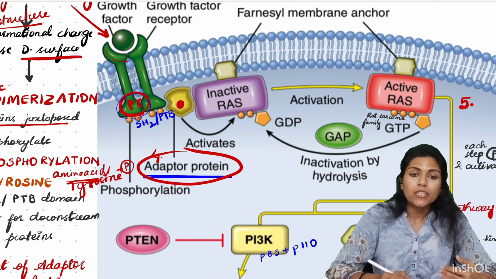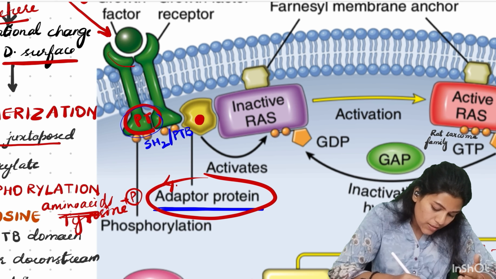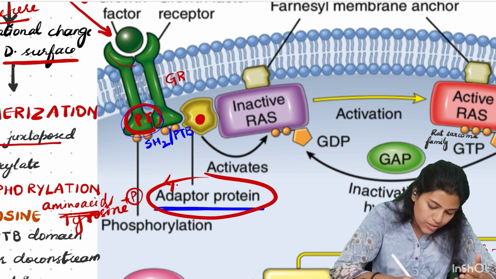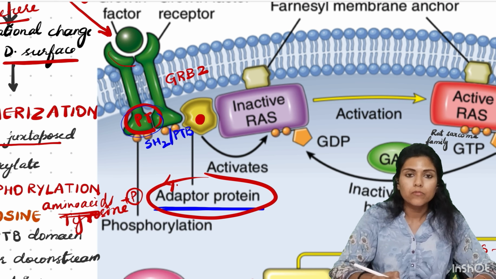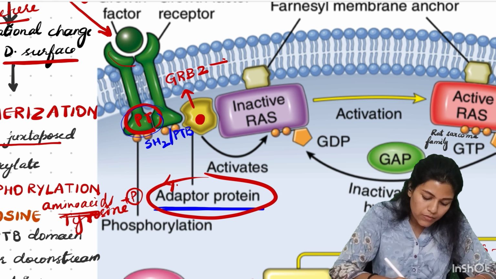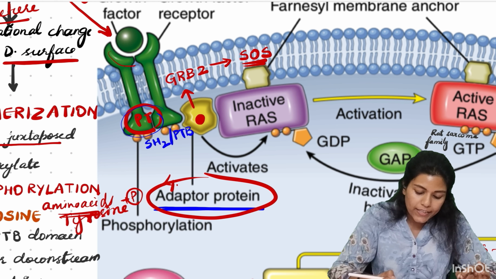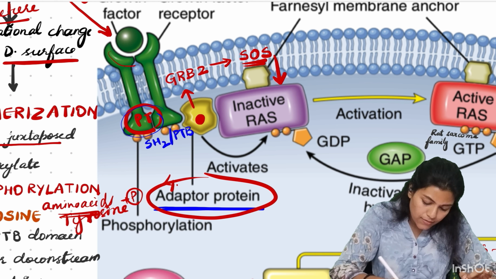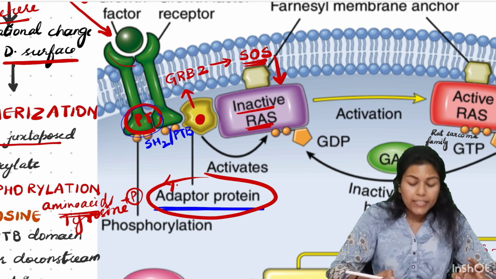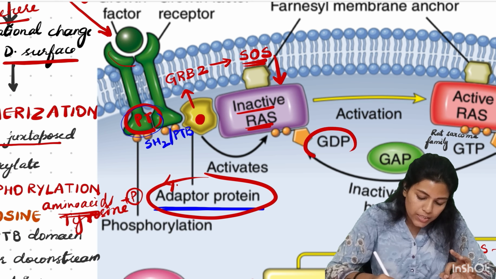This adapter protein, in turn, will recruit other exchange factors, for example GRB2. It has recruited GRB2. GRB2 in turn will recruit SOS. Remember, SOS. SOS will again recruit this inactive Ras. We are calling it inactive because it is bound to GDP.